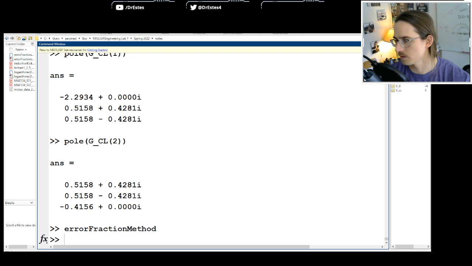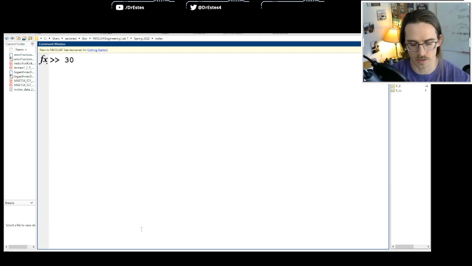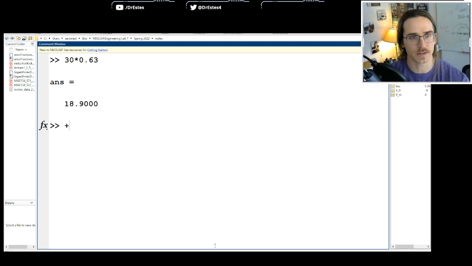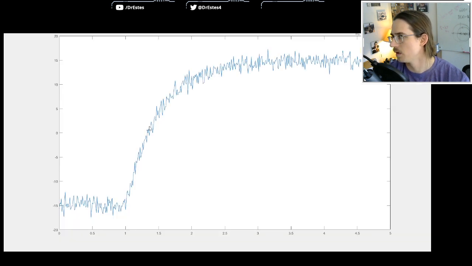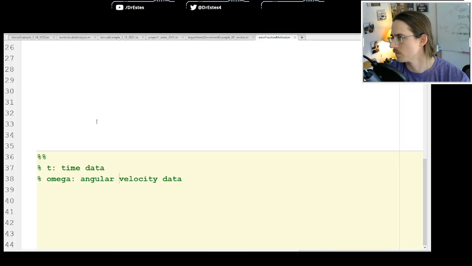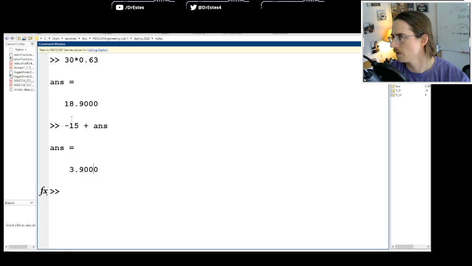So if I take 30 times 0.63, that would be 63% of the way, but I have to add this to minus 15 where we started. So by the time we get to 3.9, that should be the time constant, right? Wait, is that right?